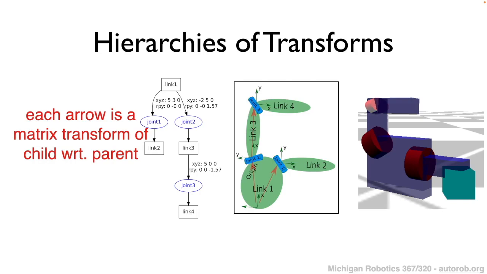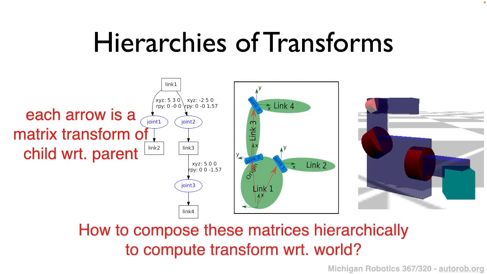As we read the kinematic structure, shown on the left, each arrow represents a matrix transformation that we need to implement, which is going to transform the child where the arrow is pointing with respect to the parent, where the arrow originates.